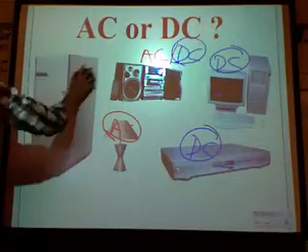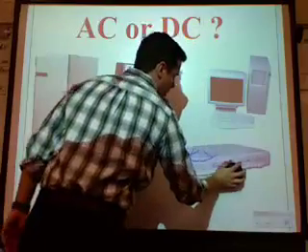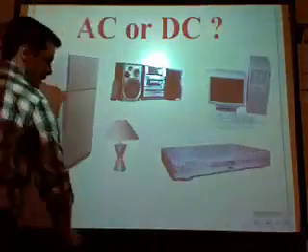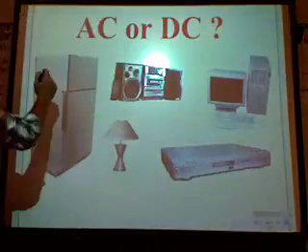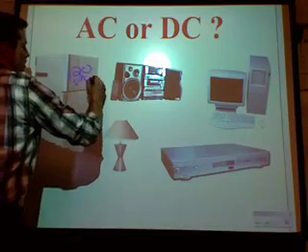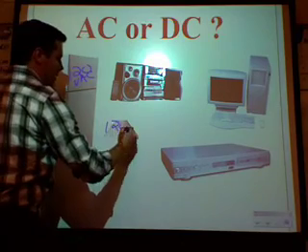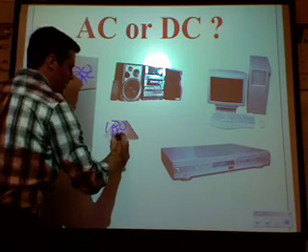Remember, going into all of these, they plug into an outlet, is 120 volts. Okay? Some of them can use that 120 volts just fine, and some can't. The refrigerator, 120 volts AC is just fine. The lamp, 120 volts, AC, VAC is just fine.